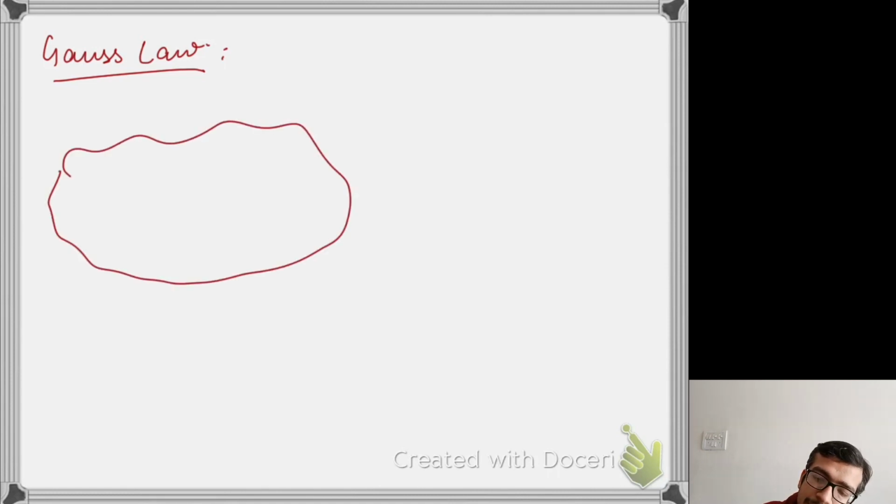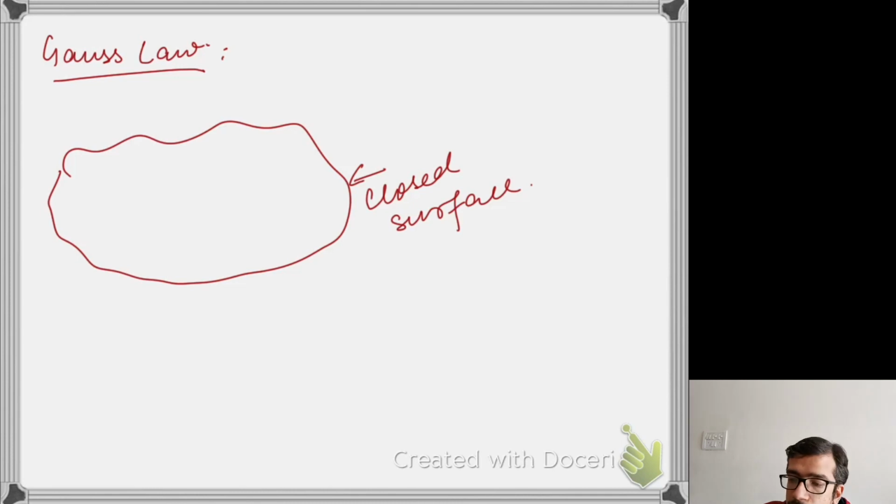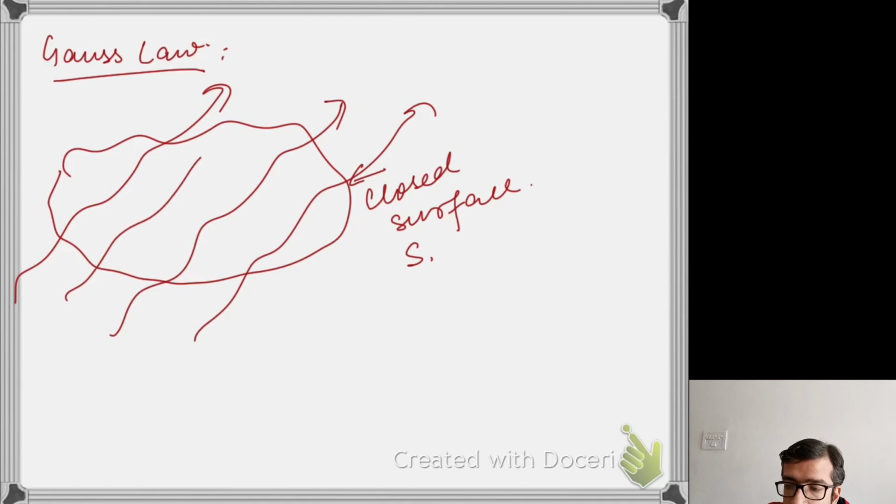Now another idea, which is slightly more difficult but which many of you might remember from high school, though some of you may not, is Gauss law. So what is Gauss law? Gauss law states that, let's say you have some closed surface S, and you have some electric field.